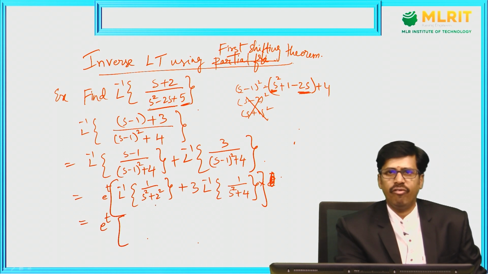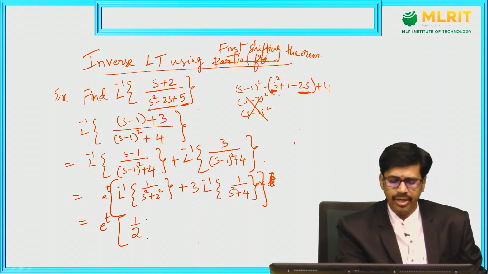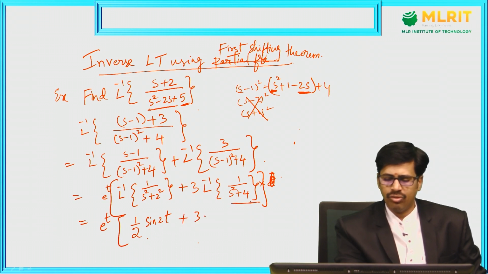L inverse of s by (s² + a²) is cos at, so cos 2t, plus 3 into L inverse of 1 by (s² + 4), which is 1 by a sin at, so 1 by 2 sin 2t.